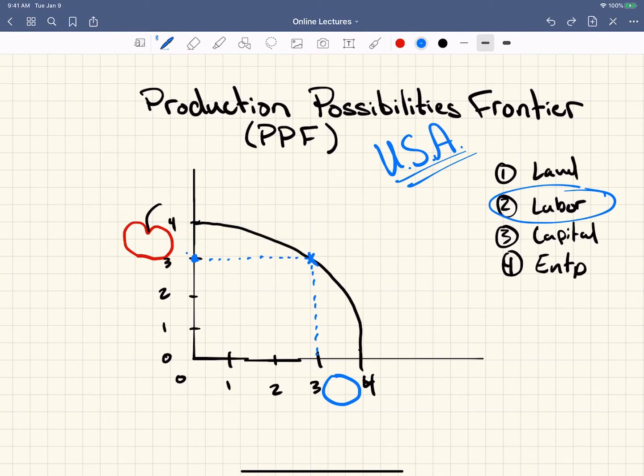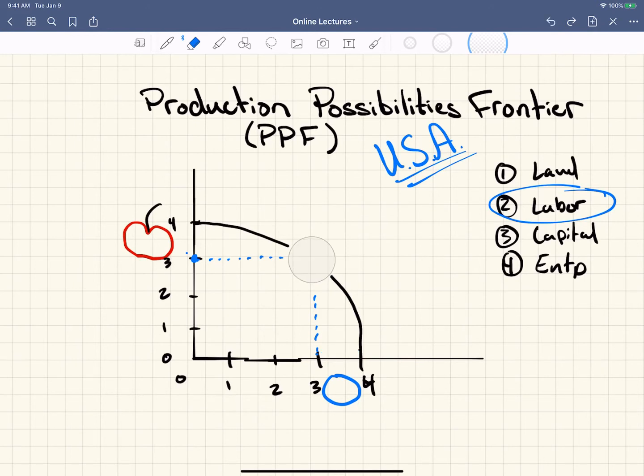Conversely, if we're looking at sliding the other way, let's say we want to produce 1 more blueberry. So we want to go here. 1 more blueberry, so we produce 4. How many cherries is it going to cost us? Well, we have to slide all the way along the line, which means it's going to cost us all 4 cherries, okay? So this is the same going either direction because of the curve, because of specialization, right?